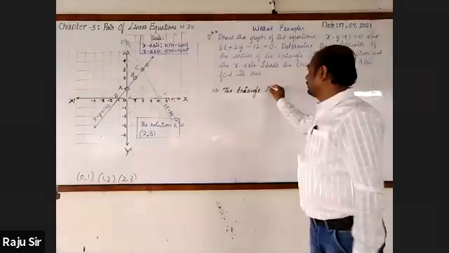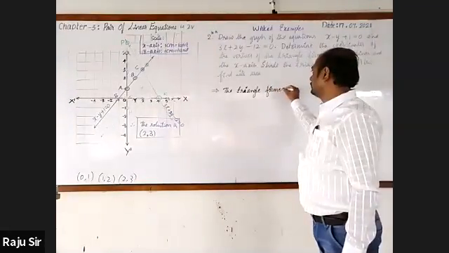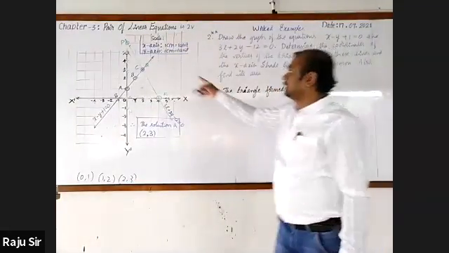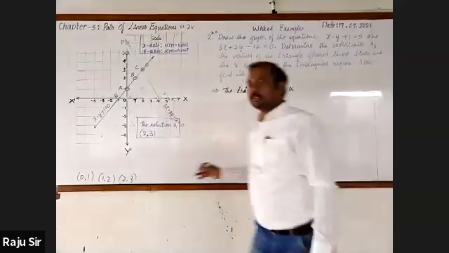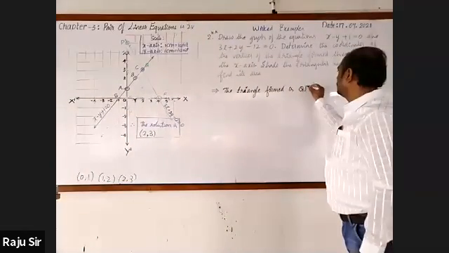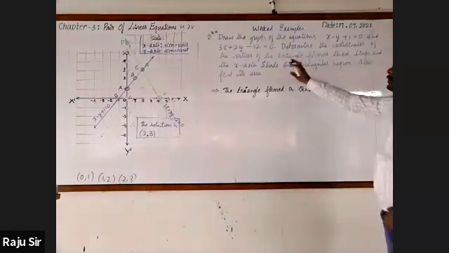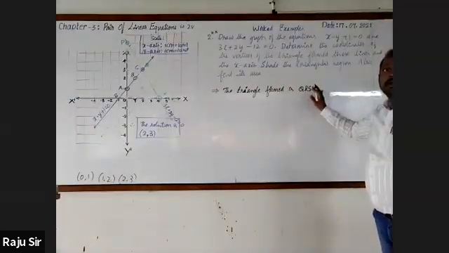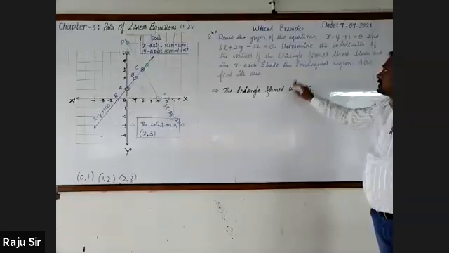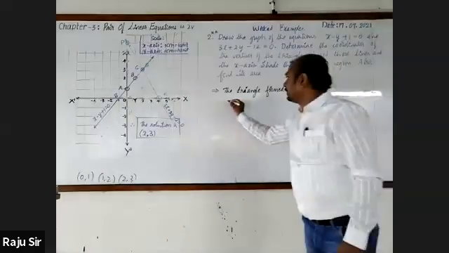The triangle formed is QRS, yes. Write the coordinates of the vertices of the triangle. Now I'll write.